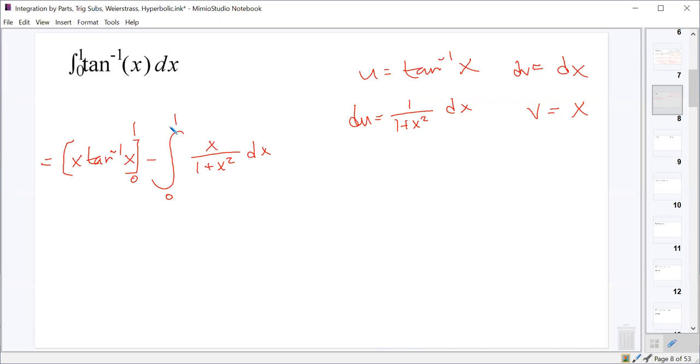All right. So let's do the first part of it. X inverse tangent x from 0 to 1. Well, that's just 1 times the inverse tangent of 1 minus 0 times the inverse tangent of 0. And then we have minus this integral. And how am I going to do the integral of x over 1 plus x squared? U substitution for 1 plus x squared.